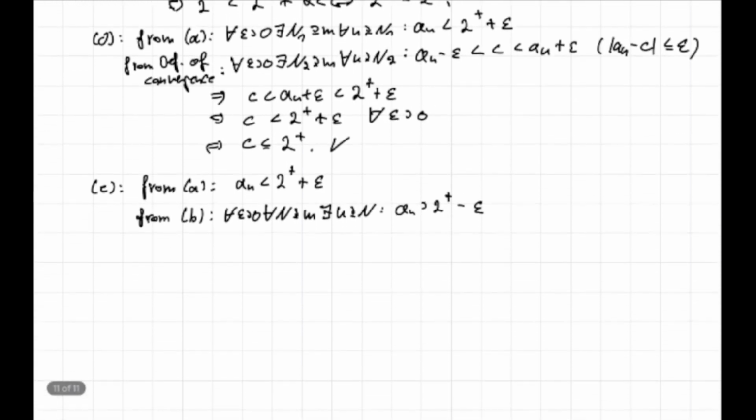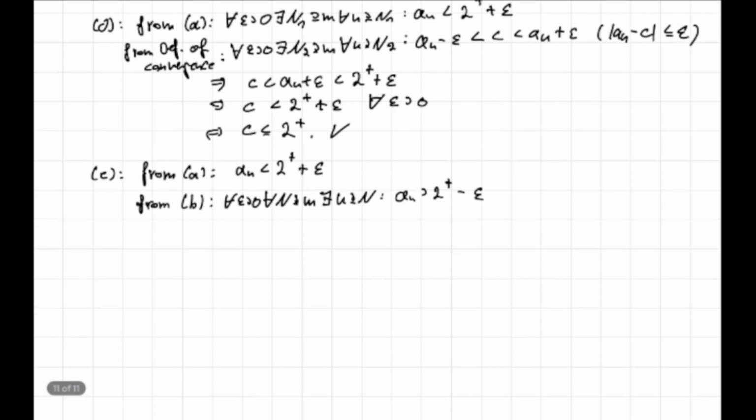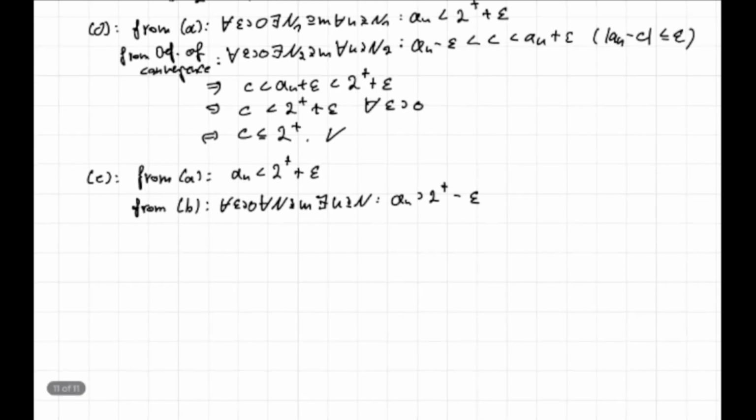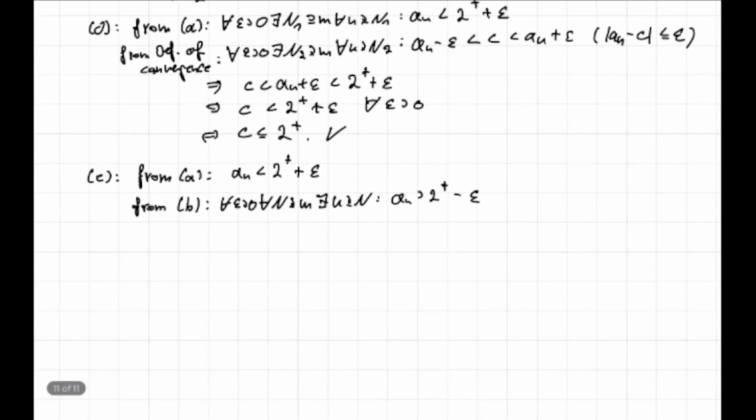And if we take a look at the quantifiers, you can just look over here. We can see that A is just stronger than B. So we will use the same quantifiers as in B to combine these two.